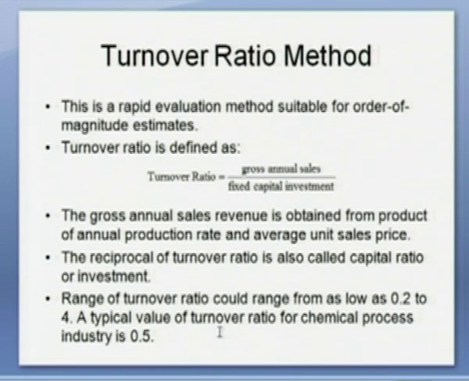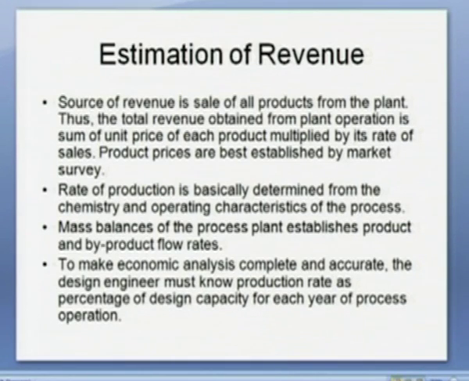Now, a typical value of turnover ratio for a chemical process industry is 0.5. That means the fixed capital investment is approximately twice the annual revenue that you get once the plant is fully functional. Then the estimation of revenue of the plant. The source of revenue is sale of all products from the plant, not just the main product but also the side products.